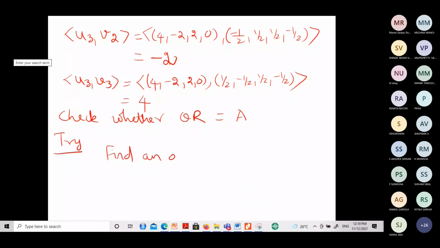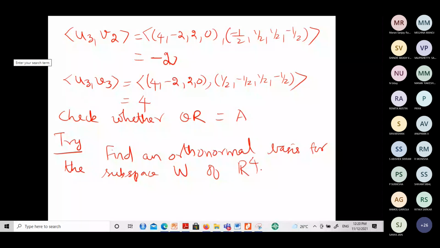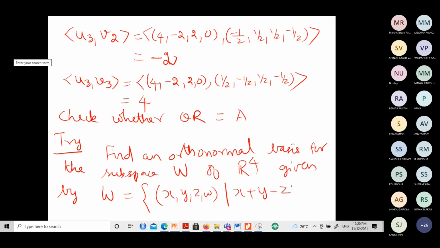Find an orthonormal basis for the subspace W of R power 4 given by W equal to x, y, z, w such that x plus y minus z, 2x plus y minus z plus 3w equal to 0.